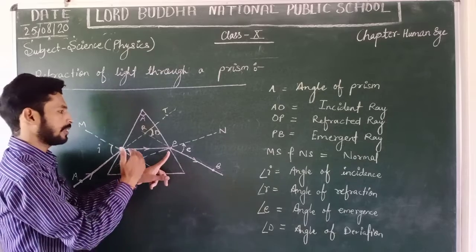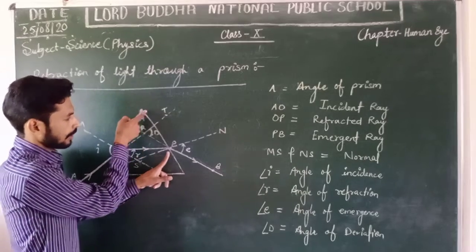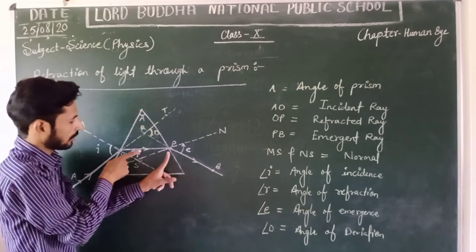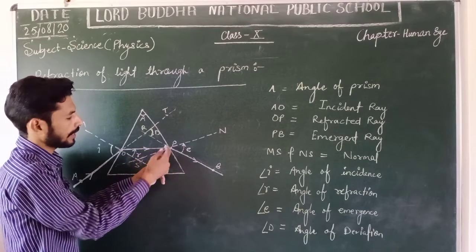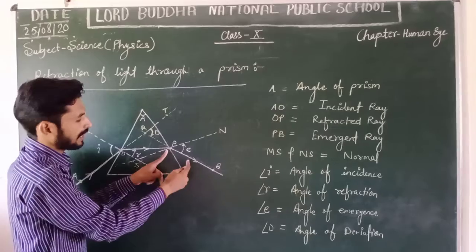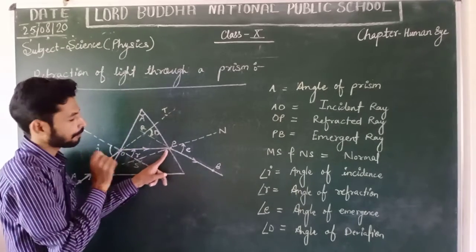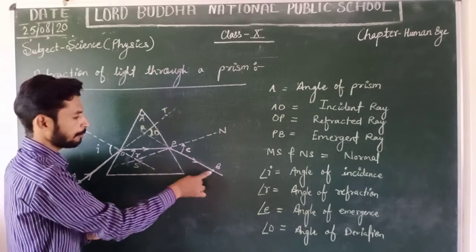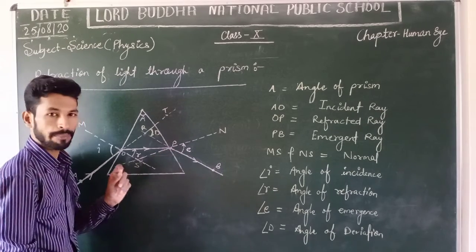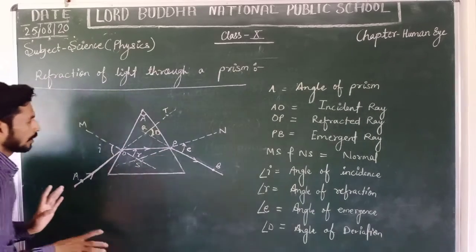After refraction, this refracted ray strikes the second surface and then passes out through the prism. The ray which passes out of the prism, PB, is called the emergent ray.